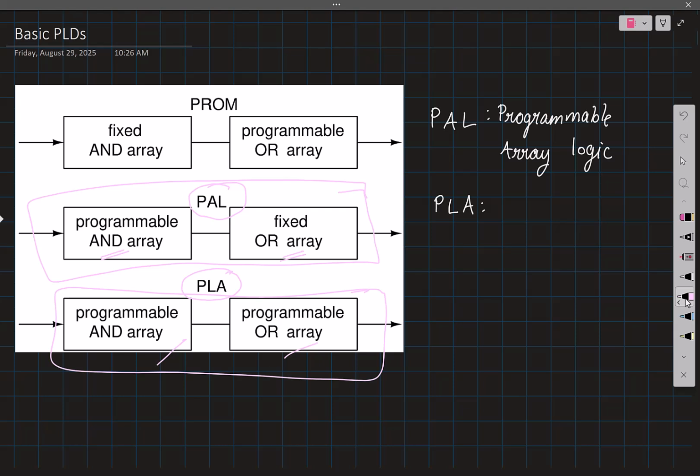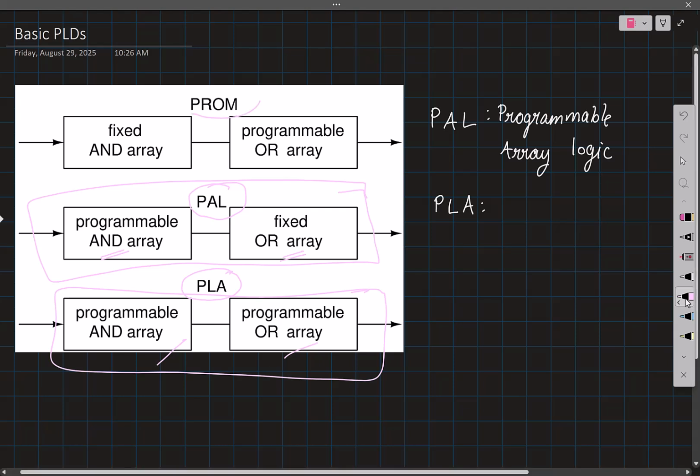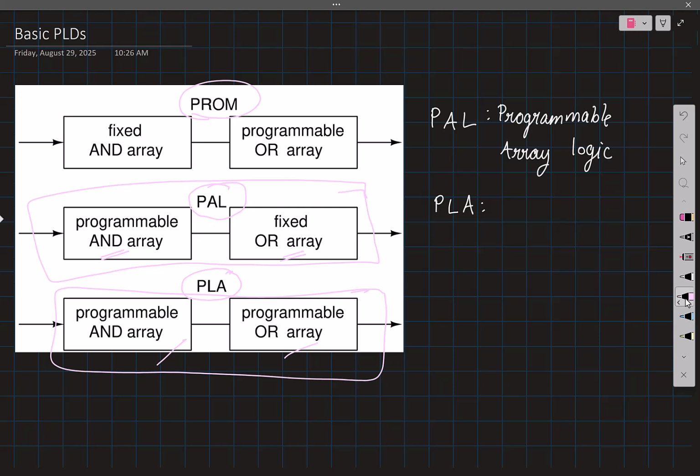Your PAL, your friend, is a little flexible but not that flexible. And read-only memory is very easy to remember because it's a decoder, which is all possible minterms, followed by a programmable OR. Okay? So now let me show you what a programmable array logic looks like.